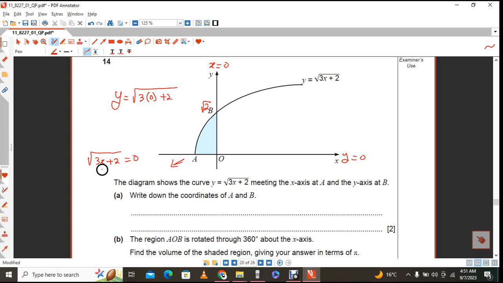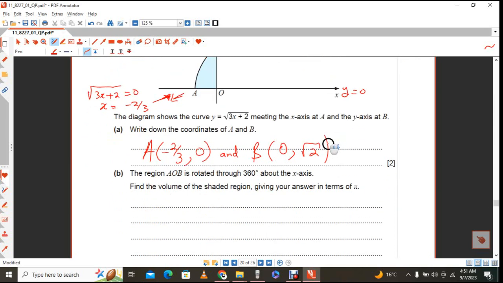Well, taking the square of 0 is 0. If you solve this equation, x will be negative 2 over 3, which is what this value is. All right, so point A is (-2/3, 0) and point B is (0, square root of 2). 1 mark, correct answer only.